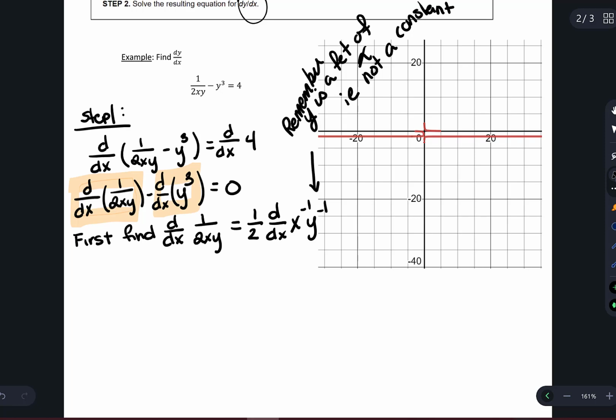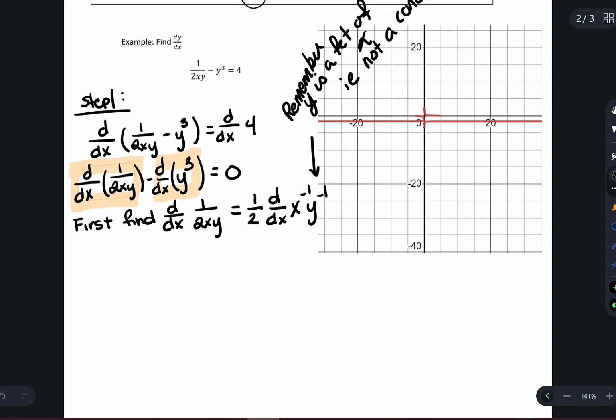If y were a constant, we could just pull it out of the derivative. But here, in examples like this, y is actually a function of x. And so you can think of it as being like an f of x. And since that is a function of x, we have to make sure that we end up applying the chain rule when we go to take this derivative.